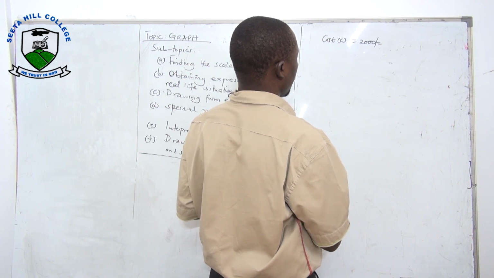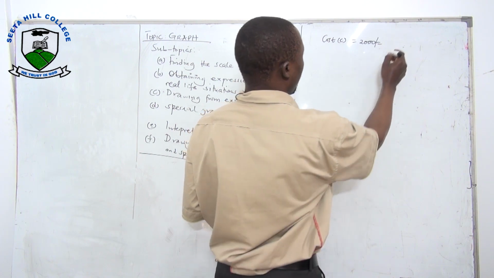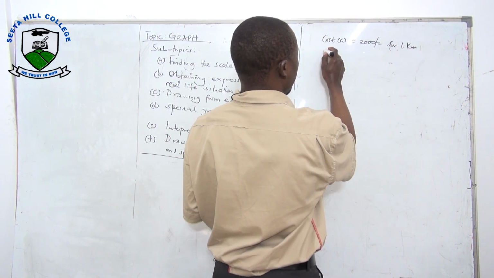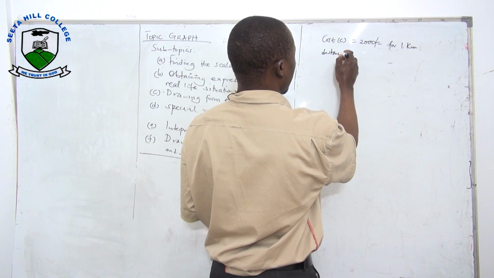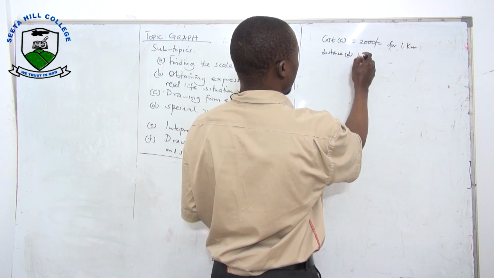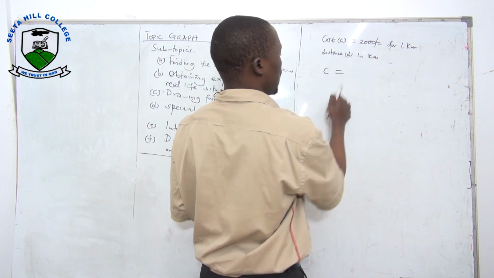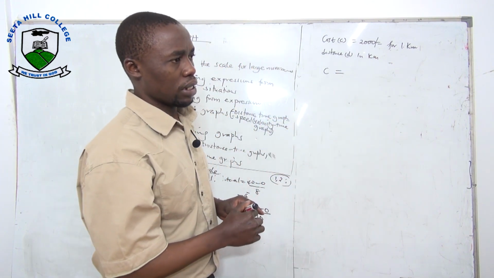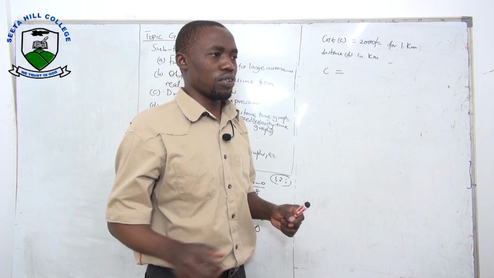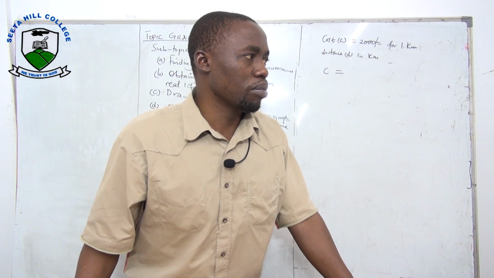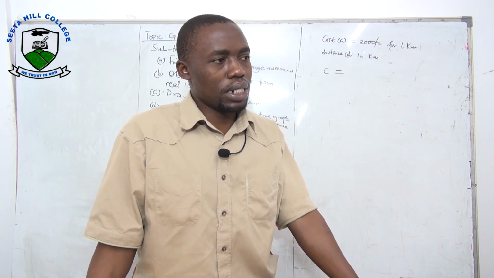In terms of distance D. This is for 1 what? Then this distance is D in kilometers, not so? Now, how will the cost be expressed in terms of distance? Yet 2,000 is for 1 kilometer and distance is D kilometers.